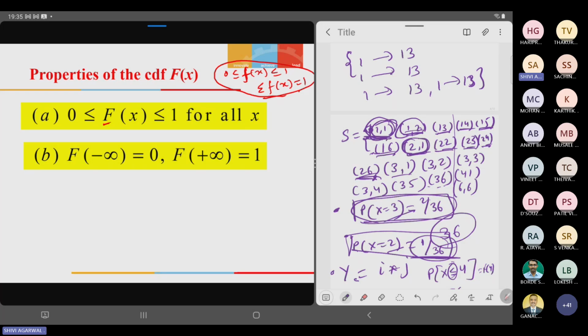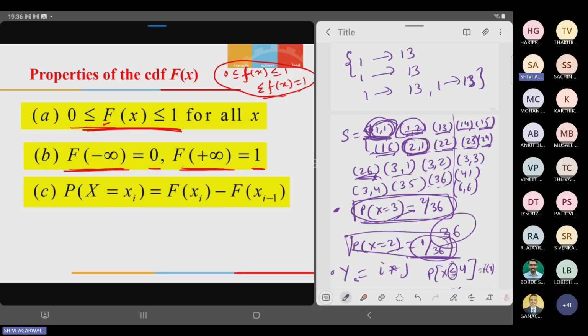density function. The property of the CDF, cumulative distribution function, is that it is always between 0 and 1. The probability at minus infinity is 0 and at plus infinity is 1, so it is going from 0 to 1 only. And it is an increasing function. If your value of x increases, then F(x) will also increase, because we are adding some more.